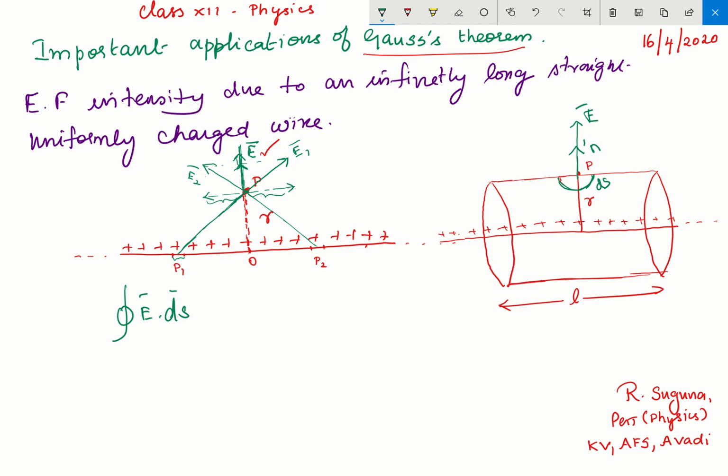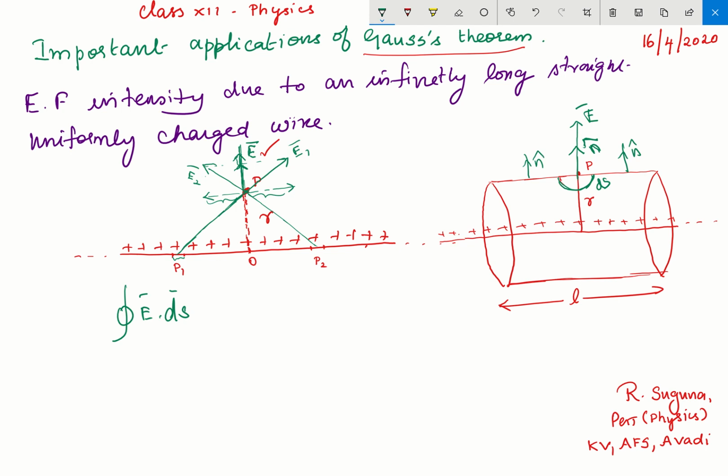Now, already we have seen. Therefore, the ds direction will be in this way. Therefore, here E and the area vector, the direction of area vector, E and area vector both are in the same direction. If you take everywhere so many area vectors, area ds like that, everywhere the area vector will be in this direction only.